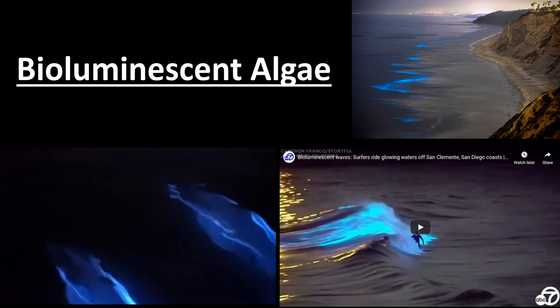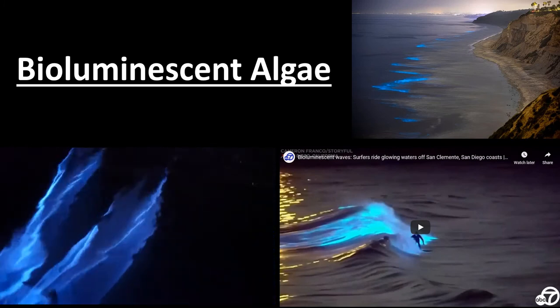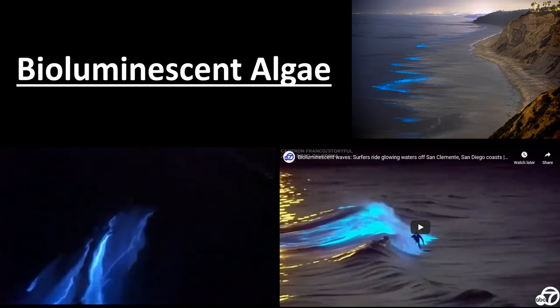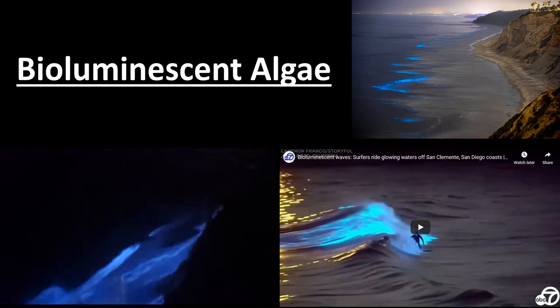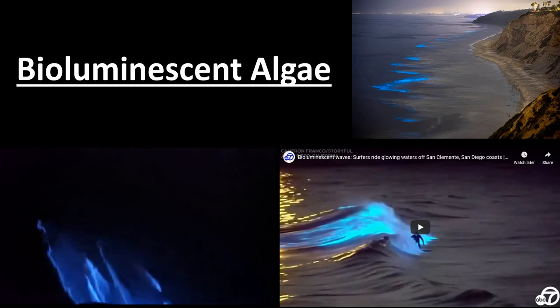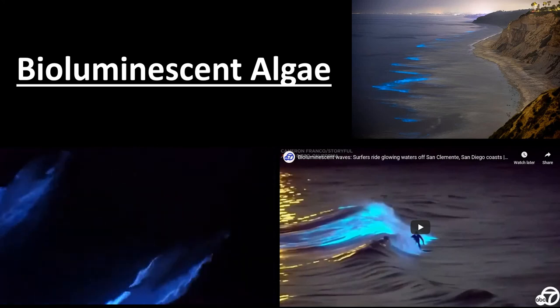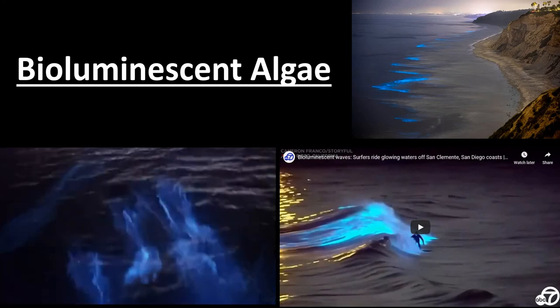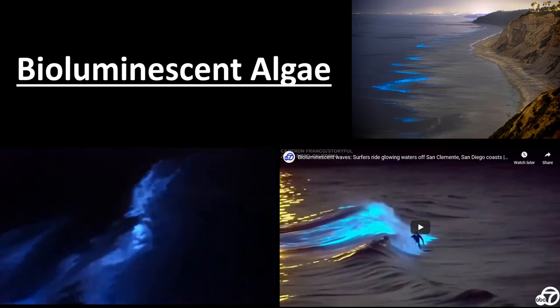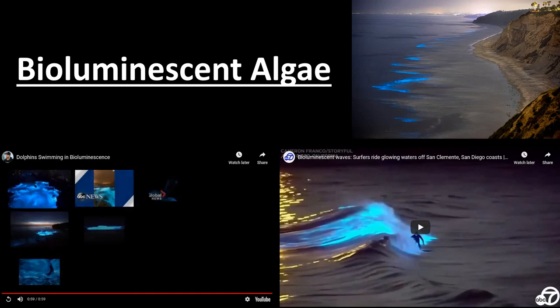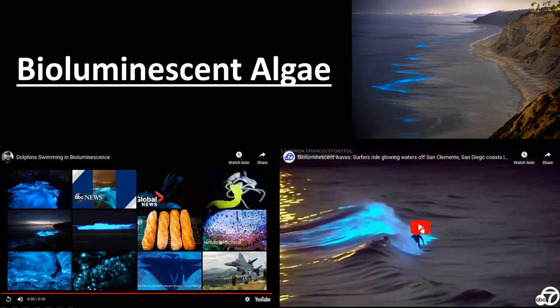So you can see as the dolphins cut through the water, they disturb the algae, and the algae create bioluminescence. And it's only for a short time. And then the algae just goes back to being dark again. Okay, this type of bioluminescence is totally harmless. It does not hurt any creatures.